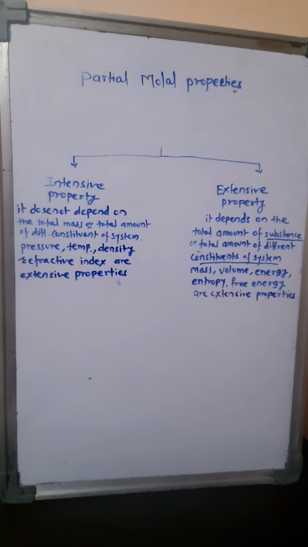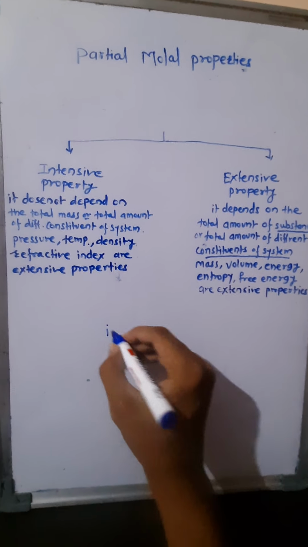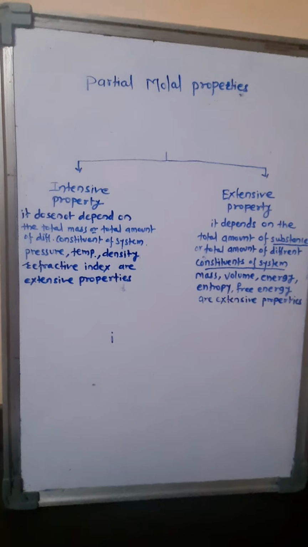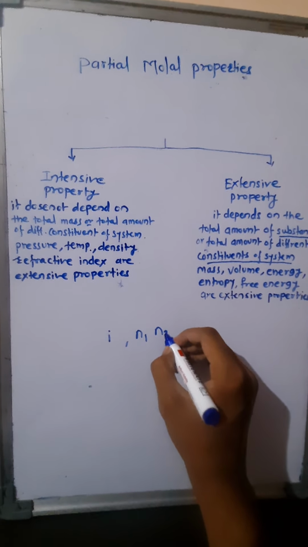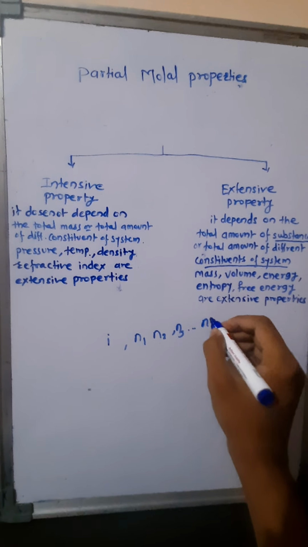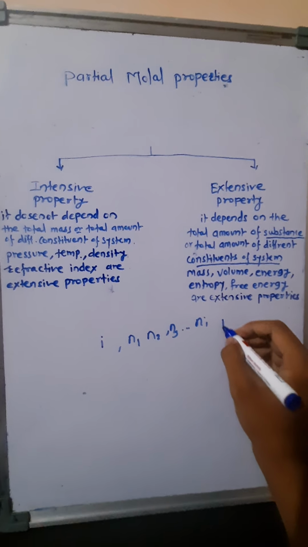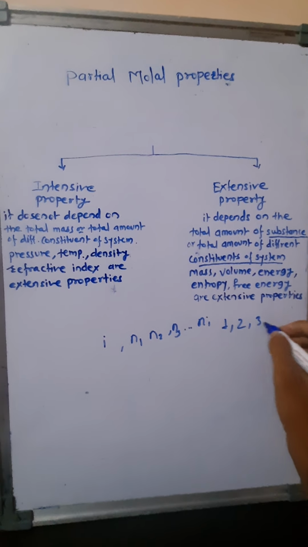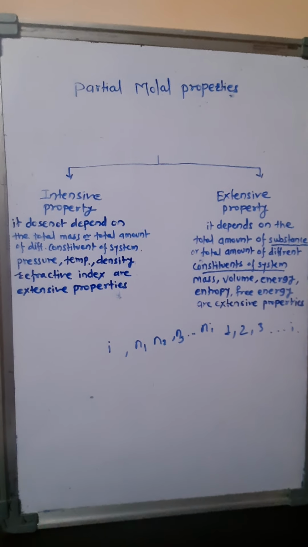Consider an open system composed of i constituents. Let n1, n2, n3 up to ni be the number of moles of constituents 1, 2, 3 up to the ith present in the system.